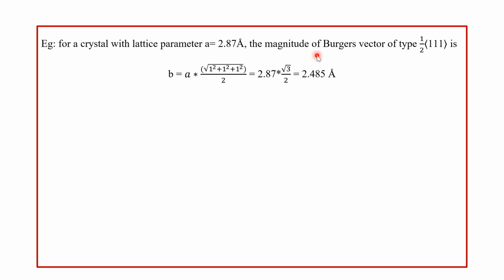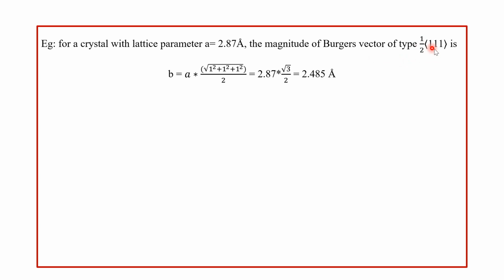So is calculating the magnitude of the Burgers vector clear? For example, if instead of 111 it is given as 110, then it will be 1 squared plus 1 squared plus 0 squared, by 2, because the 1 by 2 is already there.